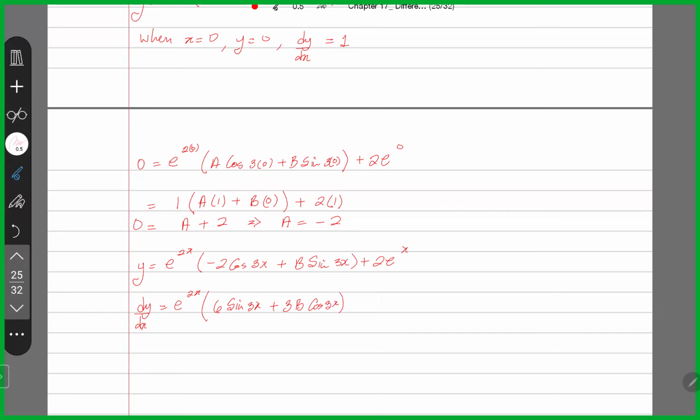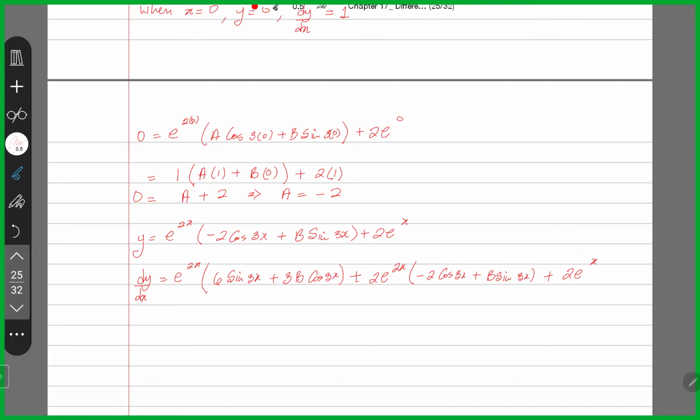So we leave the first, differentiate the second, plus differentiate the first. When differentiate the first, e to the 2x, you get 2e to the 2x. Leave the second, we have minus 2 cos 3x plus b sine 3x plus the differential of 2e to the x, which is 2e to the x.